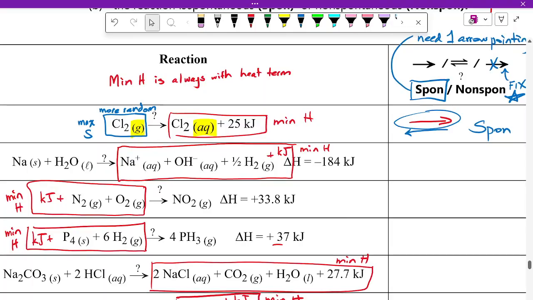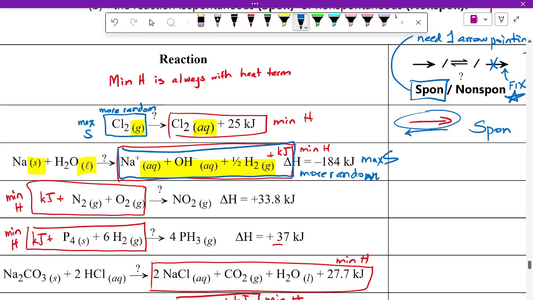In our next one, we've got solid and liquid versus aqueous and gas. So this side over here is more random, so that's going to be our maximum entropy.